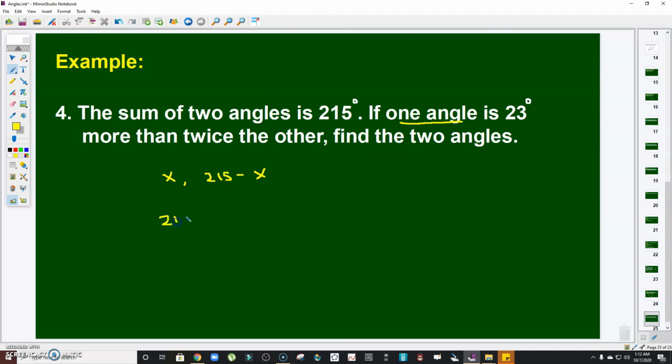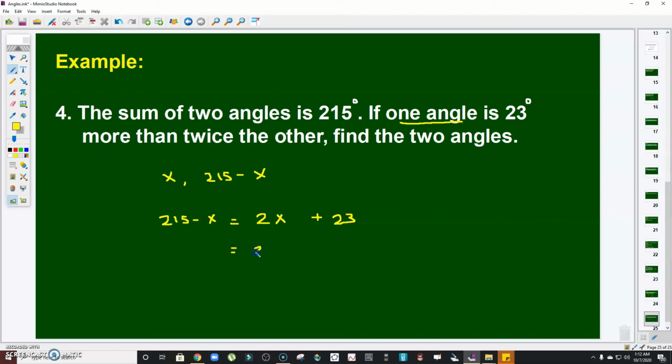So, if one angle, which is 215 minus x, is 23 more than twice the other. Take note, pag sinabing more than, that's plus 23. Twice of the other angle, which is x. Then that's it. Proceed to your calculation.